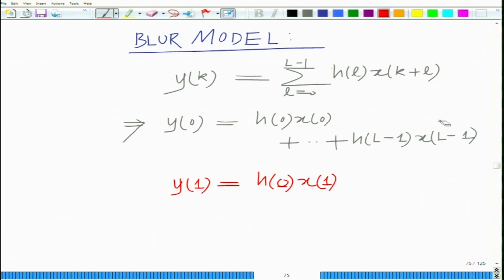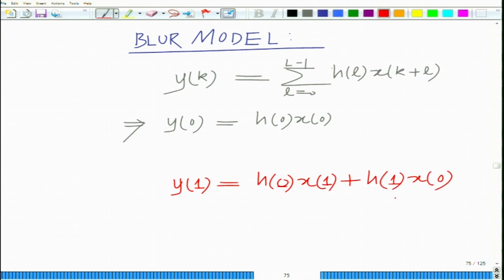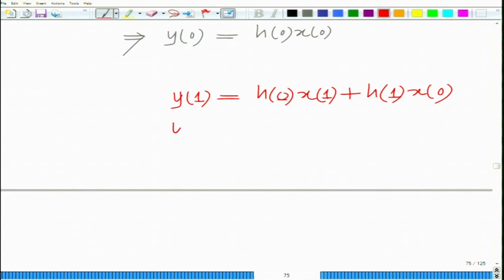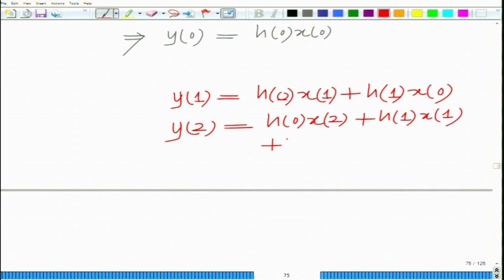Or let me write this as follows, to make this system causal, although it does not really matter because image processing can be non-causal. y of 1 is h of 0 times x of 1 plus h of 1 times x of 0, and y of 2 equals h of 0 times x of 2 plus h of 1 times x of 1 plus h of 2 times x of 0. You can take the past pixels here to be 0.